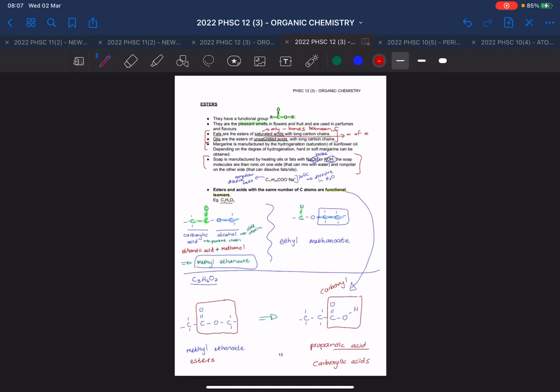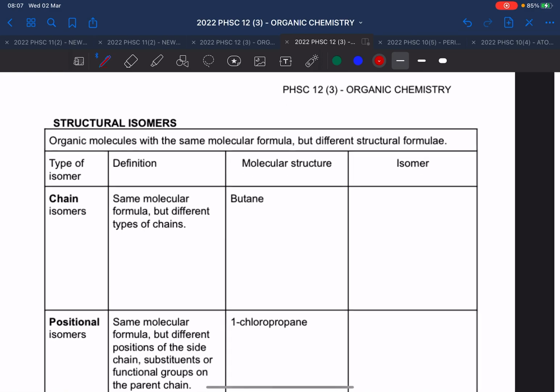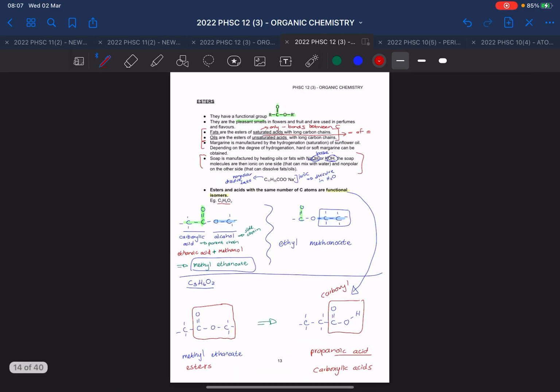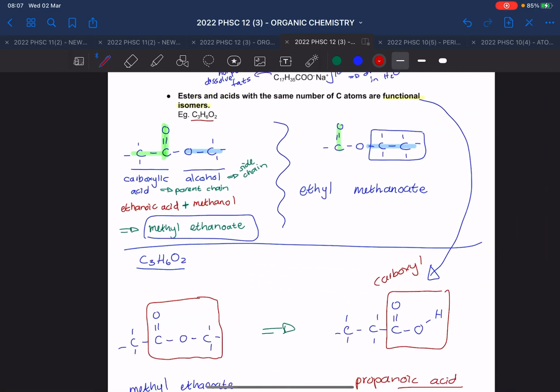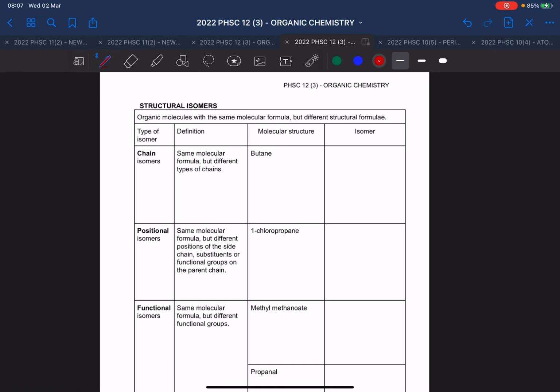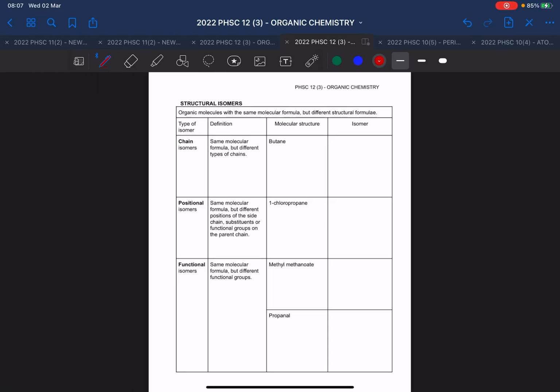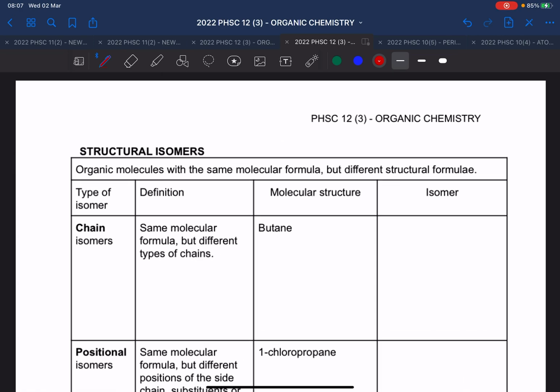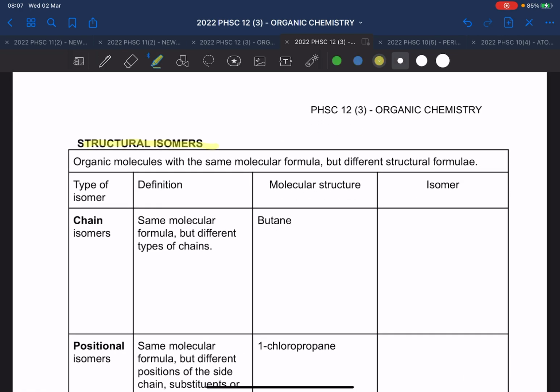So that is the introduction to isomers. If we turn to the next page, there are 3 different types of isomers that you must know. The first thing there is a general definition for an isomer: an organic molecule with the same molecular formula, so the same number of carbons, hydrogens, oxygens, whatever, but a different structural formula.